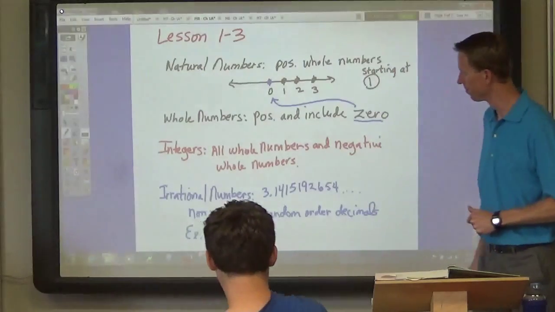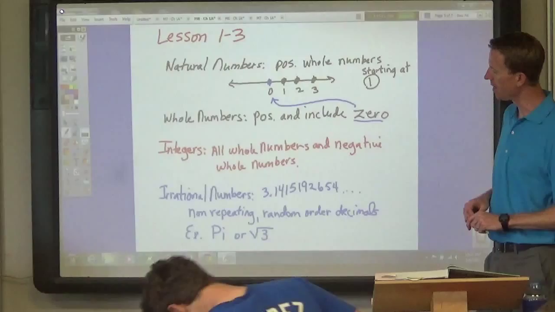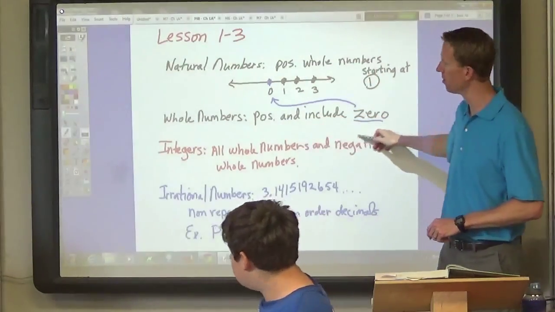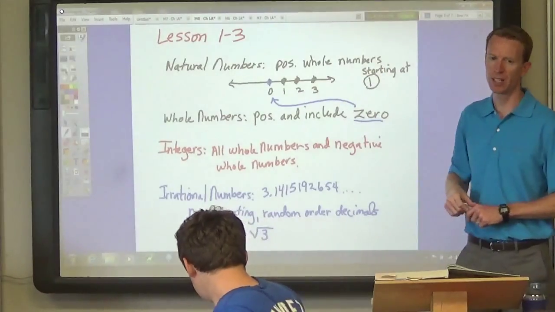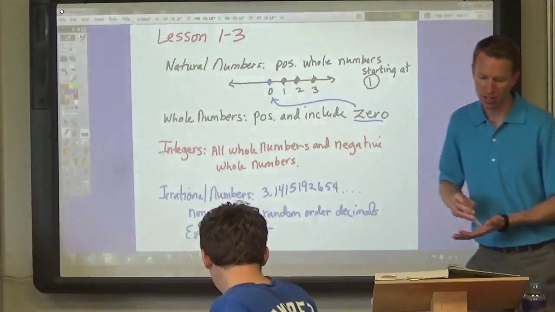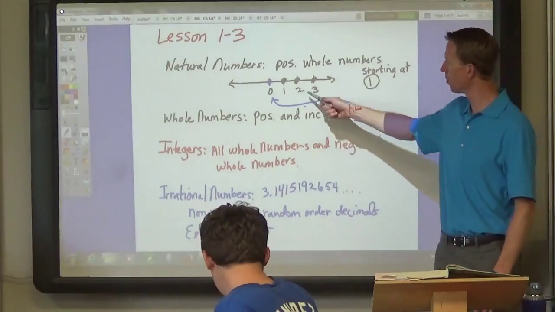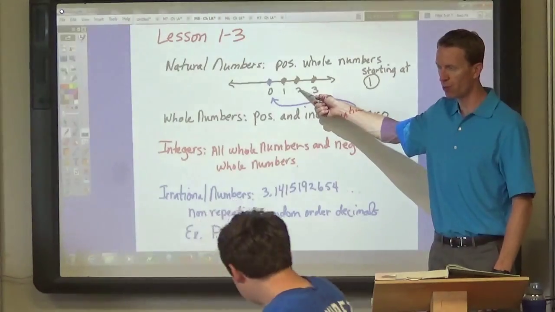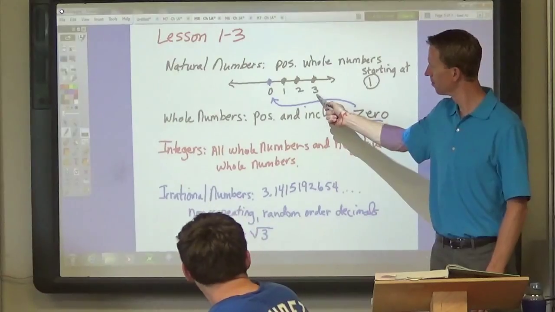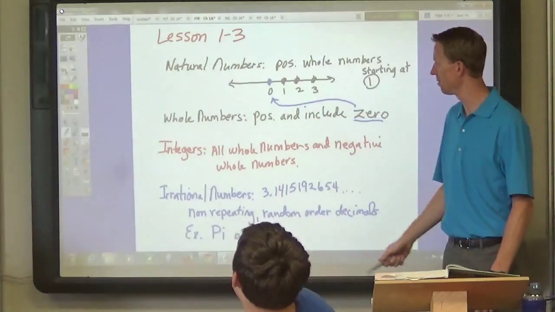Okay? Then you have numbers that are rational or irrational. All of these are rational numbers. Rational numbers are numbers that you can write as a fraction. Irrational numbers are numbers that you cannot write as a fraction. So we can write the number 2 as a fraction, 2 over 1, right? 3 over 1. 0 over any number, you can write as a fraction.